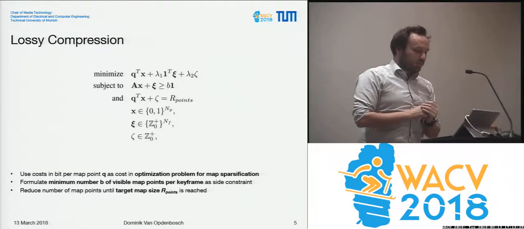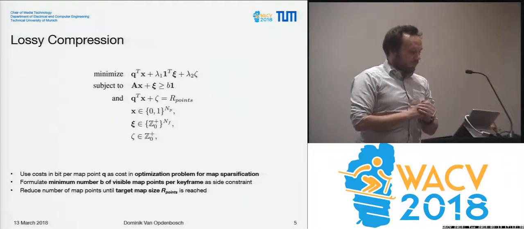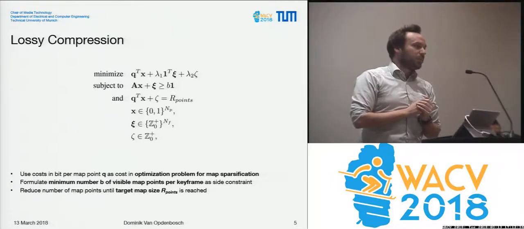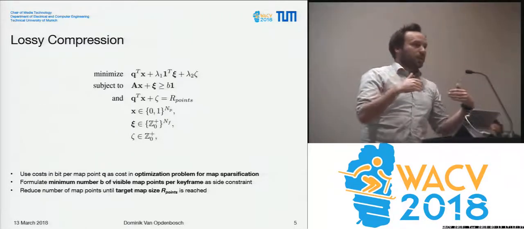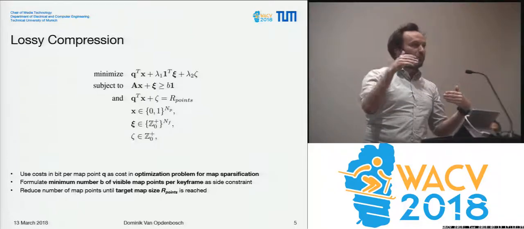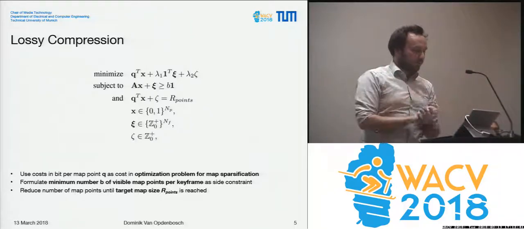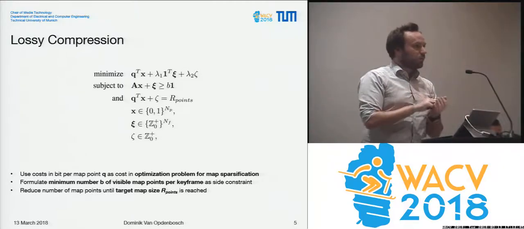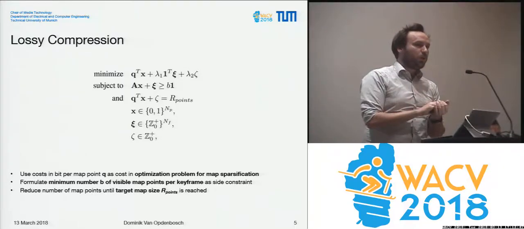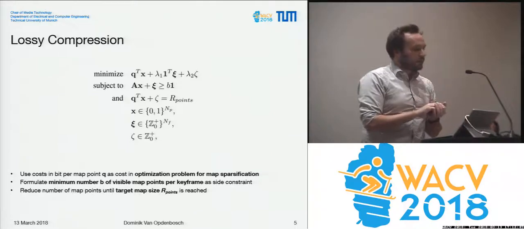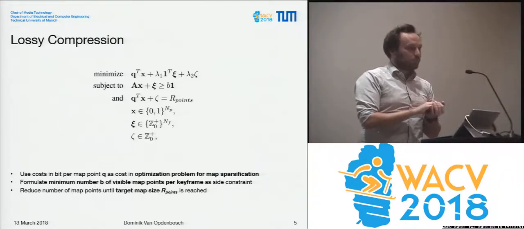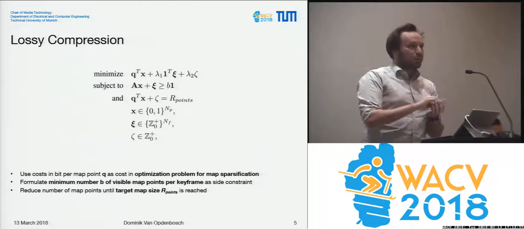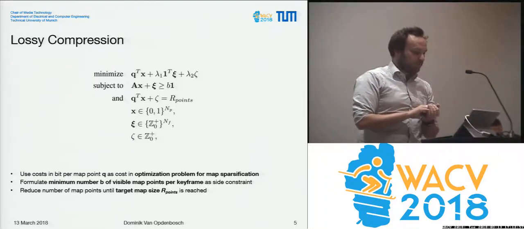We do this by using an integer programming problem, and we formulate this using several side constraints, for example, that each keyframe has a certain number of map points that are visible in this keyframe. As we have the exact number of bits we need to spend to store one map point, we can exactly define how large our resulting map should be, and then we can run this optimization problem to reduce the map to this specific target size.